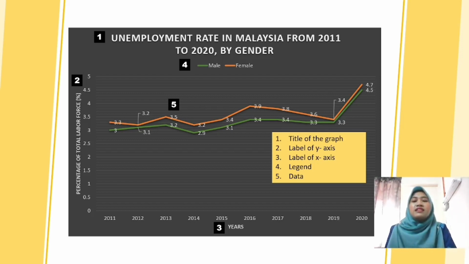Next is the legend of the data, which is divided into two groups, male and female. Next is the data presented for the unemployment rate in Malaysia according to gender, which is male and female.